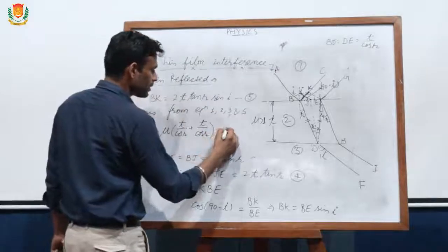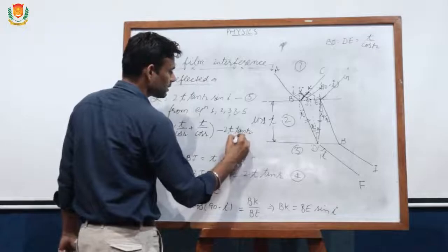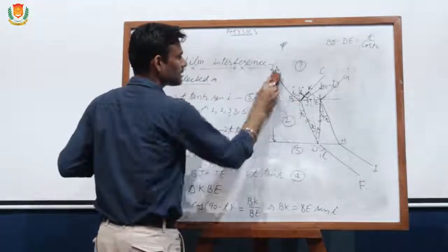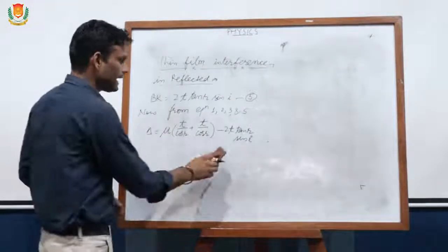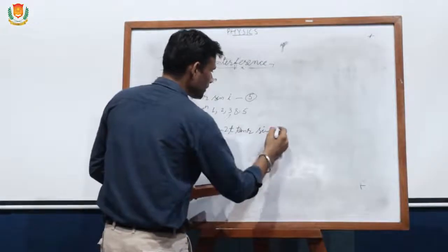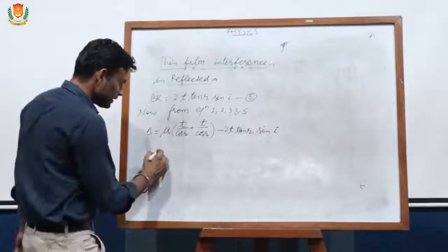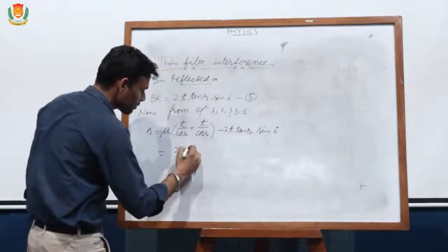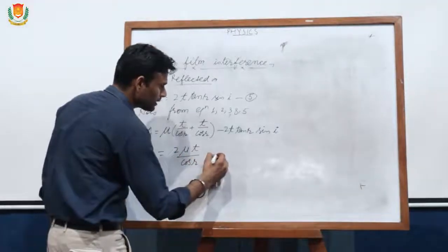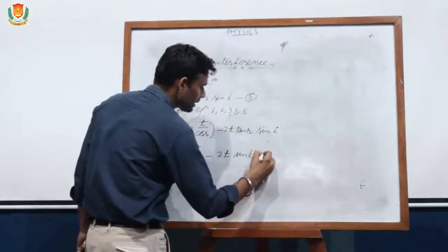BK is 2T tan r sin i. Now I am removing this diagram, and we have this sin i here.